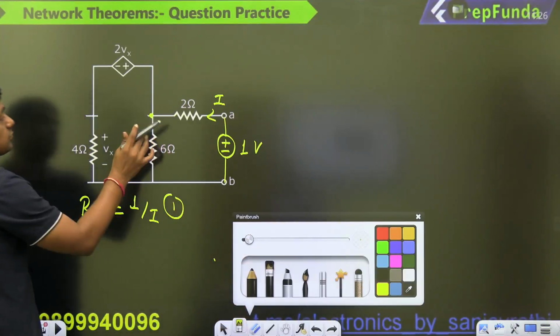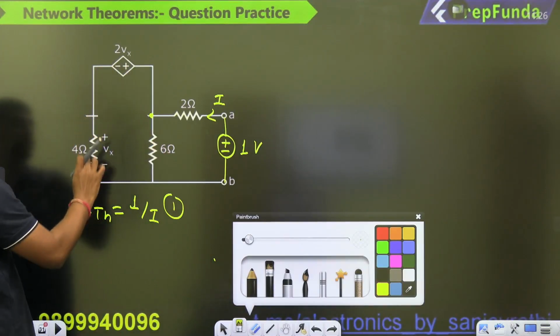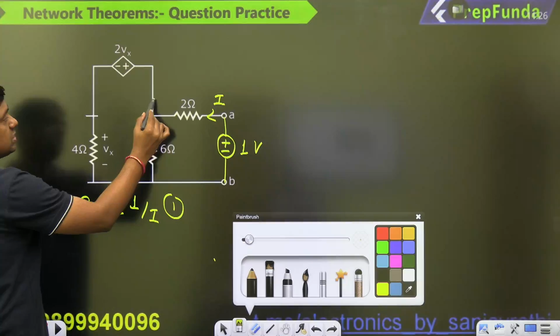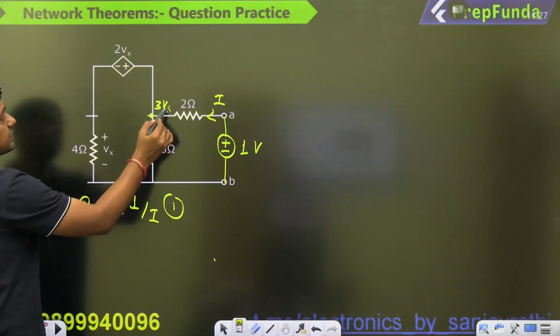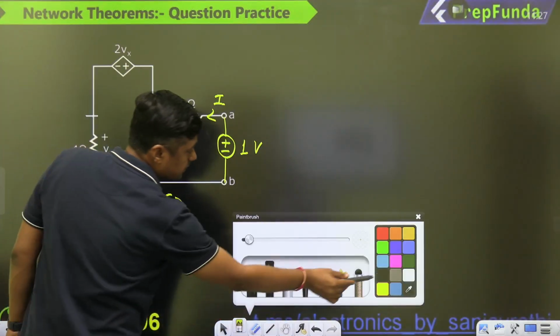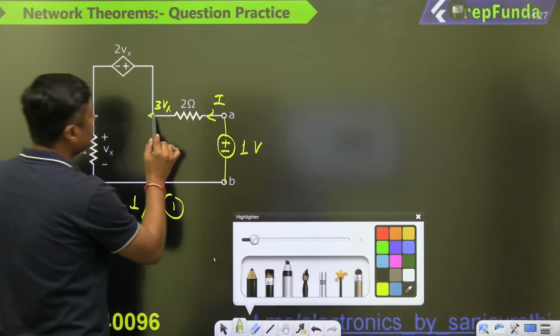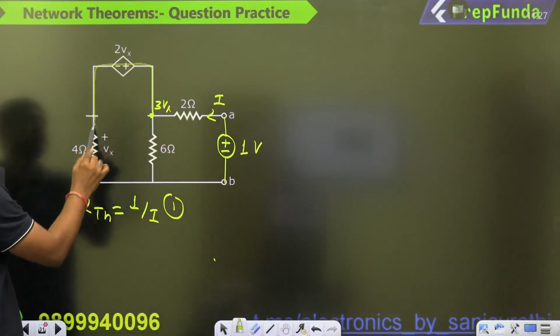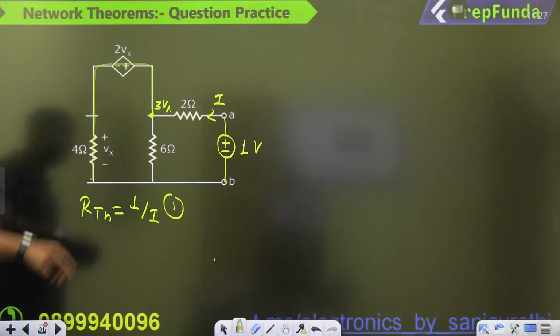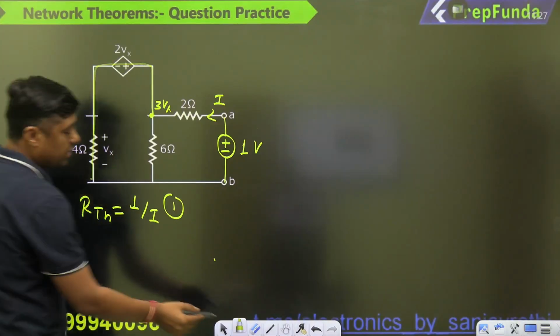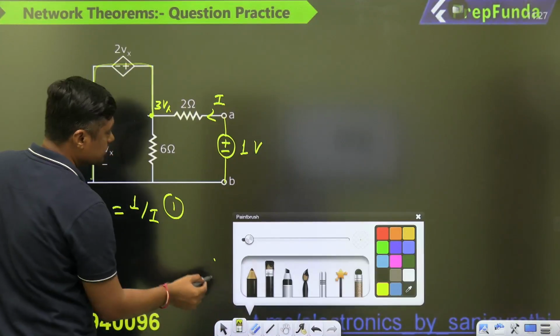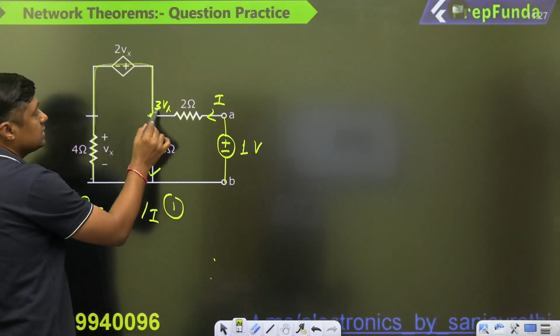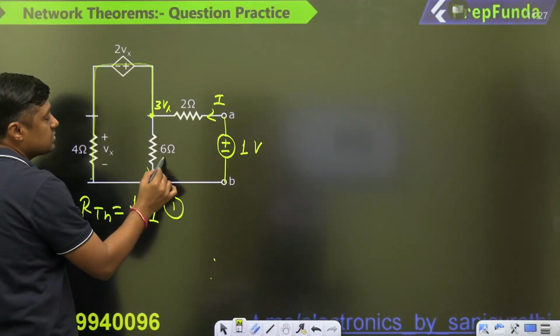Write down the KVL from this point to this point, this voltage will become 3Vx. 3Vx by 6, what is the current? 3Vx by 6 becomes Vx by 2.